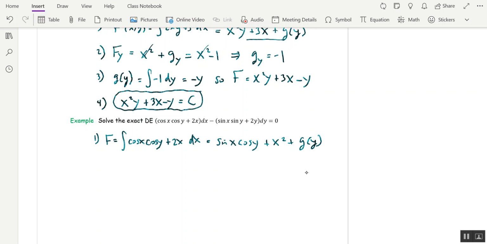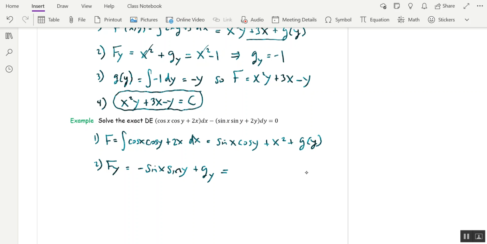All right, step 2, take the partial of that with respect to y. So the derivative of cos y is negative sine y. So f sub y is negative sine x sine y. The partial of x squared is going to be 0. And so we're just going to get plus g sub y.